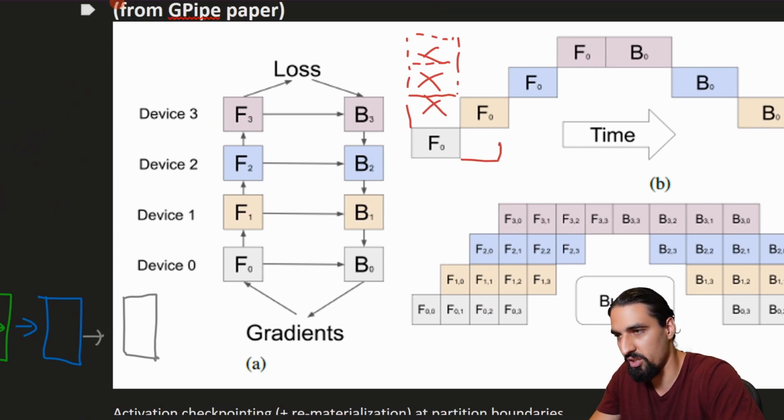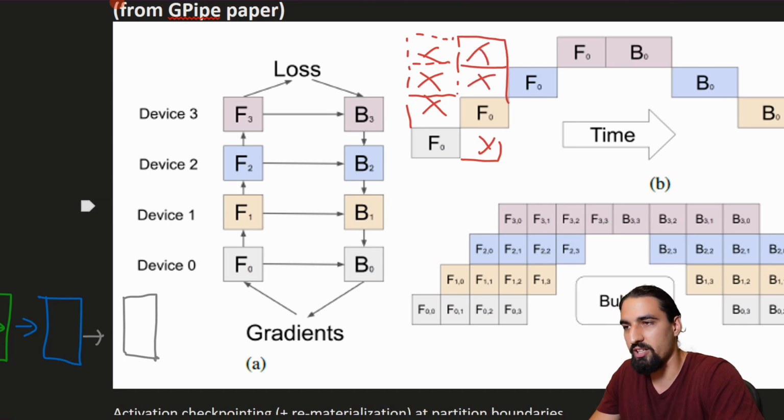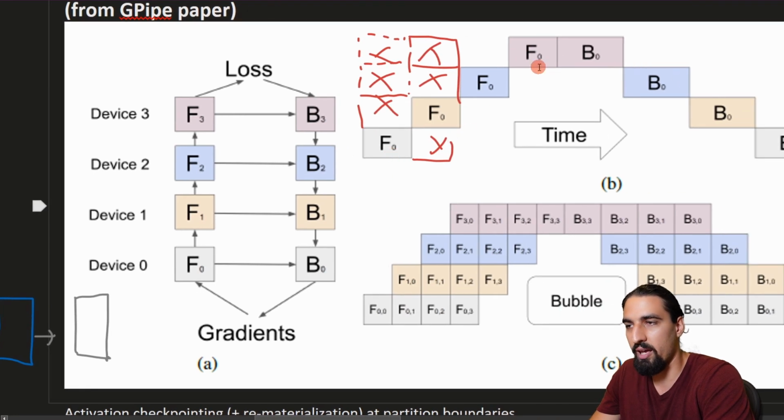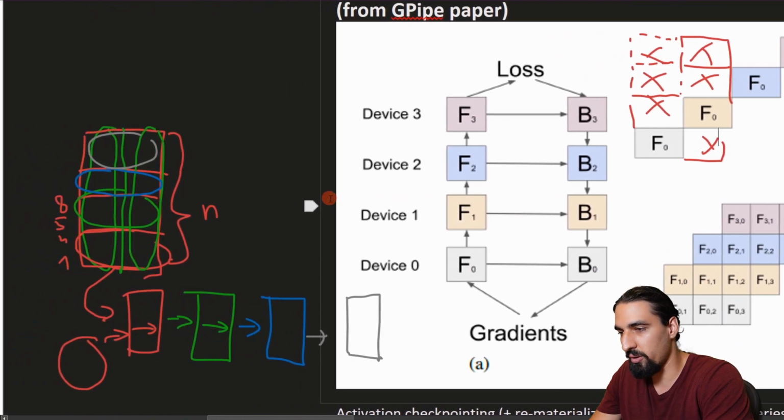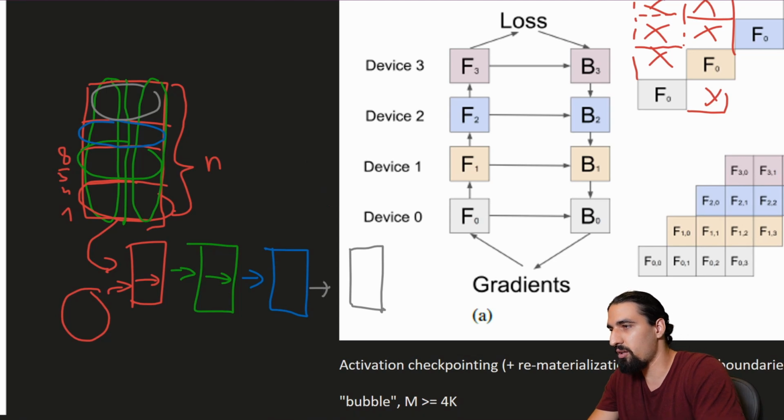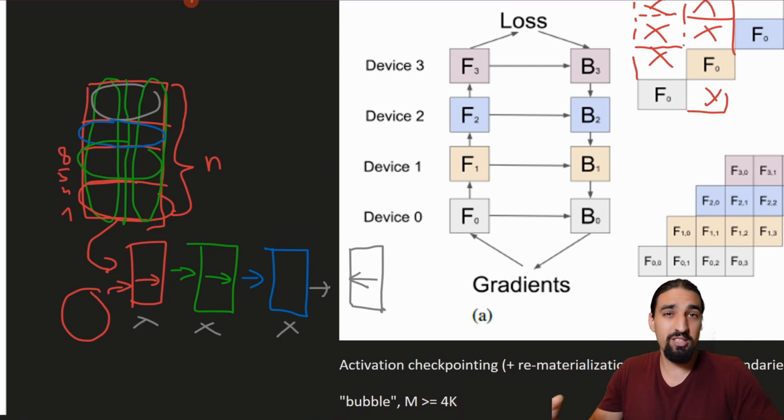So this is gonna be idle, these 2 devices are idle, etc., etc. And so then you propagate through all of the 4 devices, and then you start doing the backprop. So you wanna calculate the gradients, and when you start doing that, again, in the backward pass, you're literally waiting. So you're doing backprop here, but these 3 devices are being idle. So this is super wasteful.